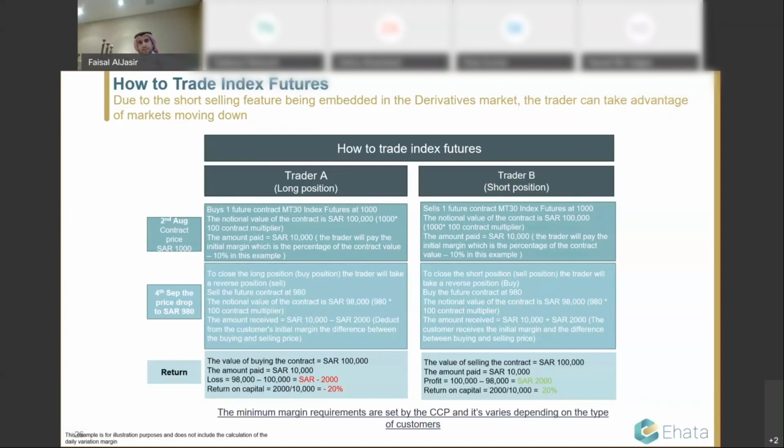Now, what happens in the month of September? If you are long, and the market on the 4th of September goes down to 980, and you have entered the position at 1,000, you are long. It's obviously a loss for you. You just take the difference between them and multiply it by the multiplier.